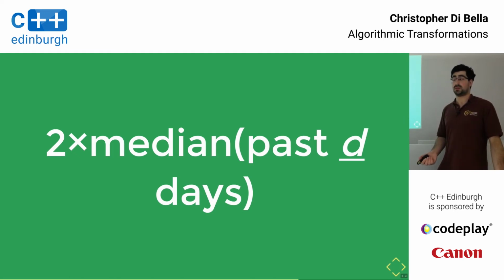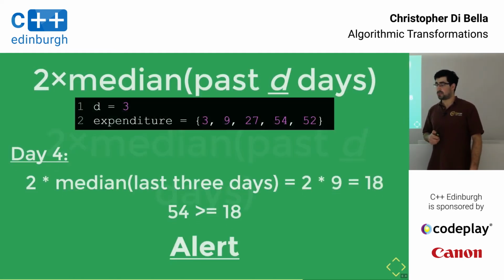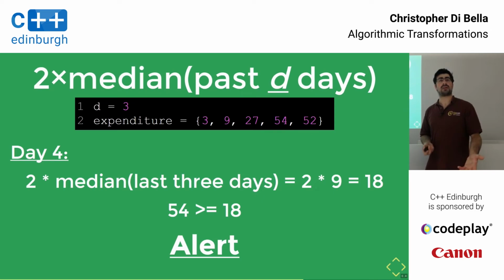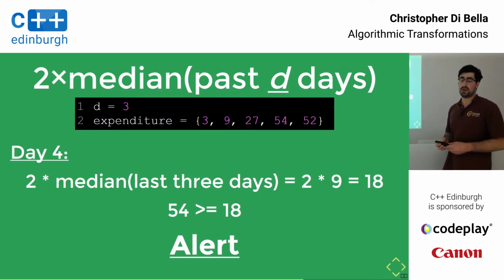And if your transaction for a specific day is greater than in this computation here, then we're going to send you an alert. For example, with this particular data, where the trailing history is 3 and the expenditure is as presented, on day 4, the median, which is the middle element of the previous 3 days, is 9.